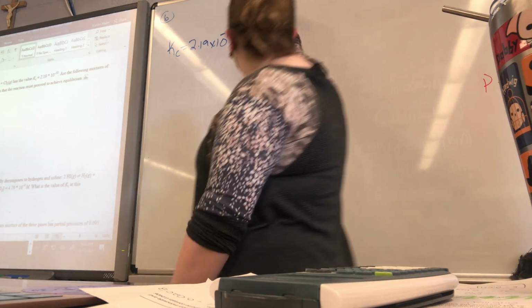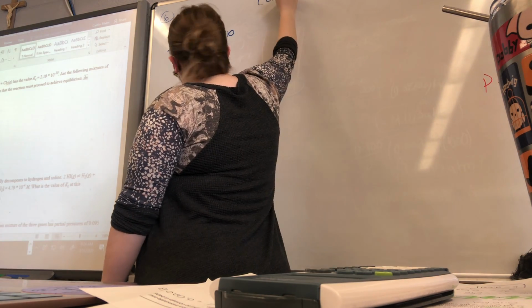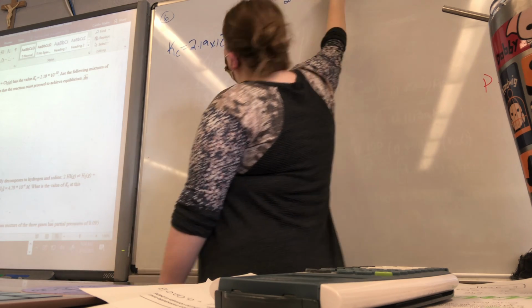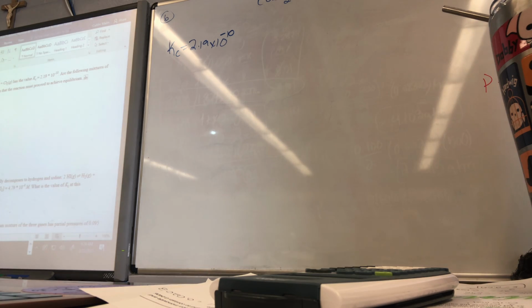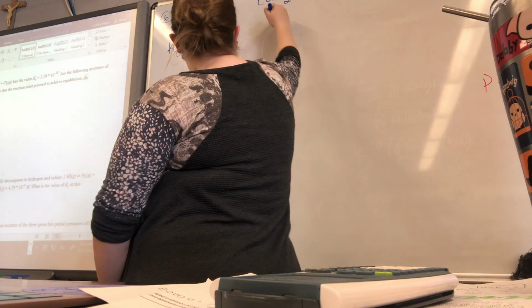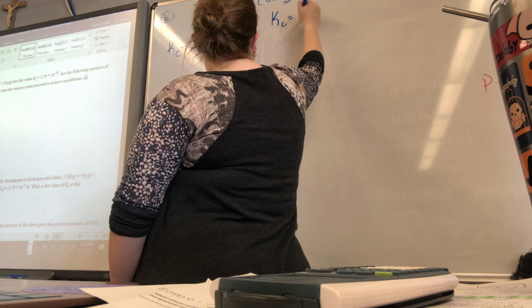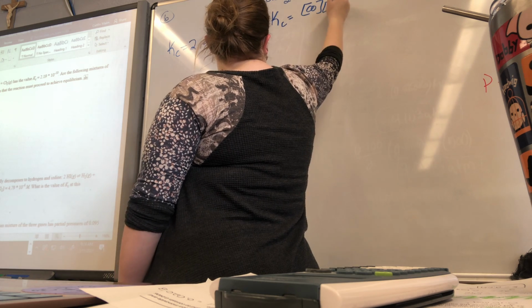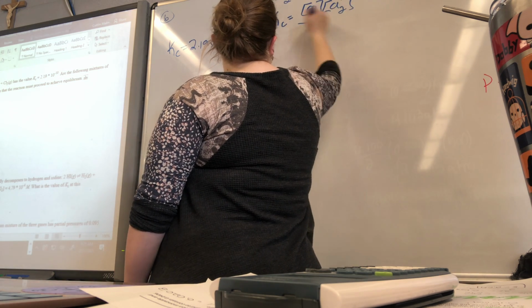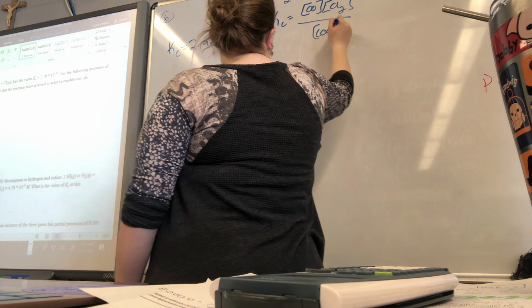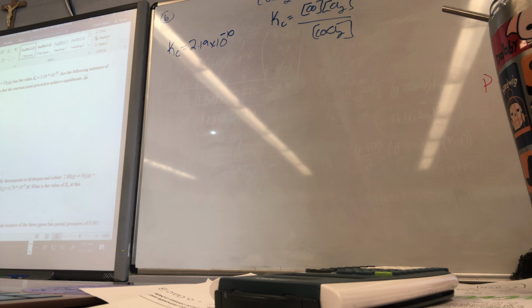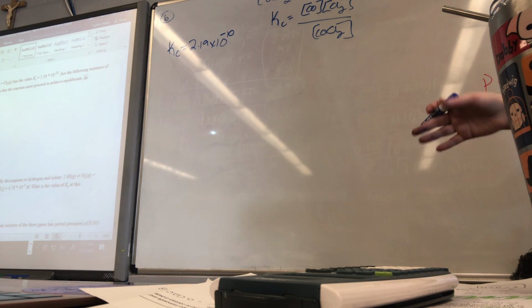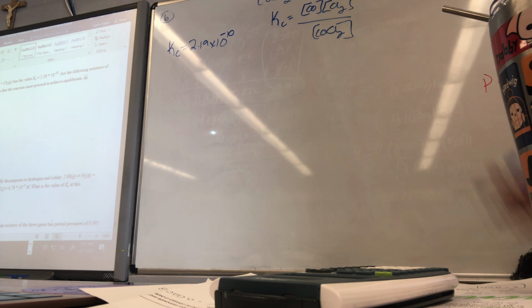The reaction is this, which means the expression is this. Do you agree? Products over reactants raised to their powers. Nothing has a 2 or a 3 or anything of that nature.